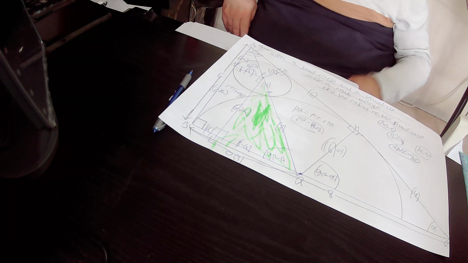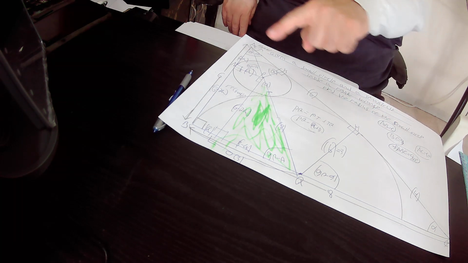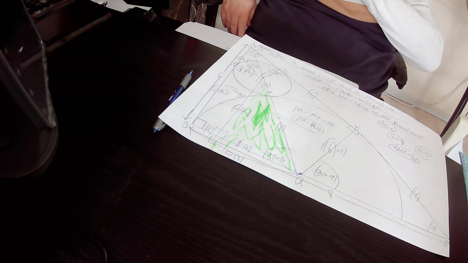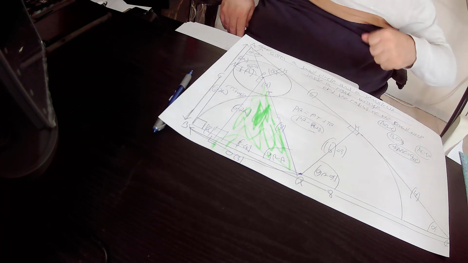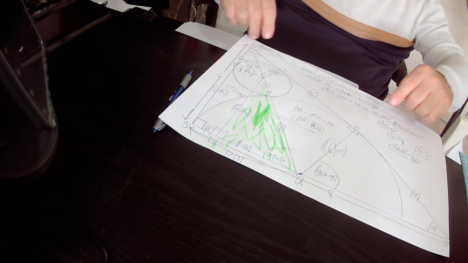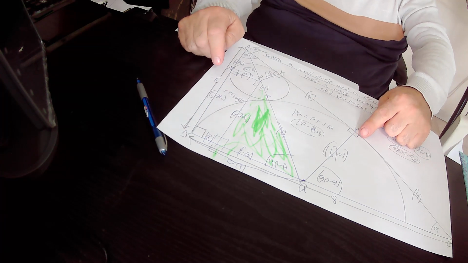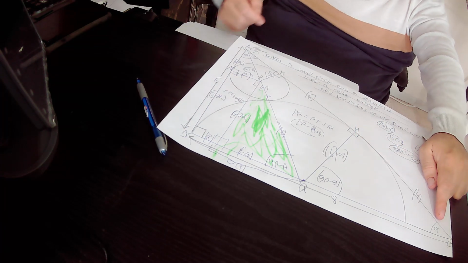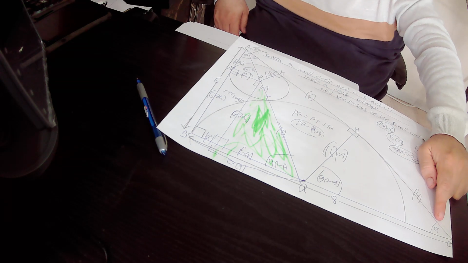Okay, so in the next step, we prove that the big right triangle ABC is similar to this small right triangle HQC. So why are those two right triangles similar to each other? First of all, those two angles are both equal to 90 degrees, therefore they are equal to each other. In addition, this is angle alpha, a common angle that belongs to both triangles, so I can write down that angle alpha equals itself as a common angle.